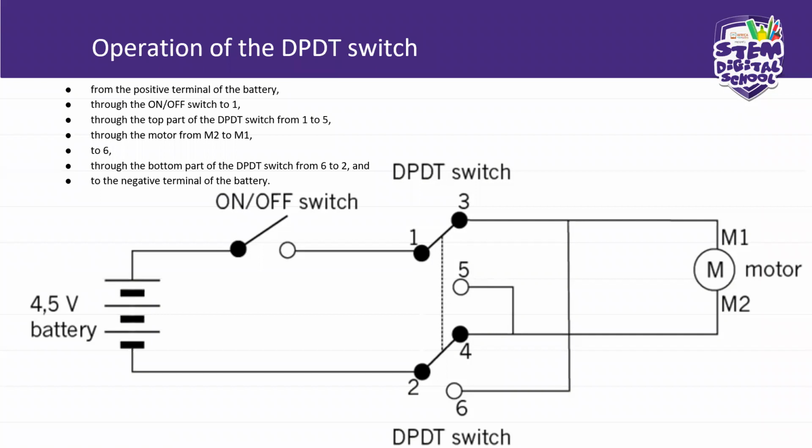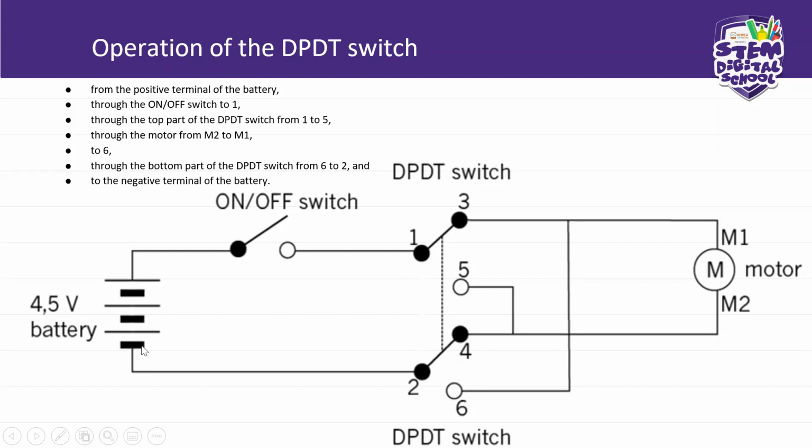M2 to M1, and then it can go to 6. Through the bottom part of the switch, from 6 to 2, there, from 6 to 2. When this is closed, it goes from 6 to 2 to the negative terminal. Then it goes back here.